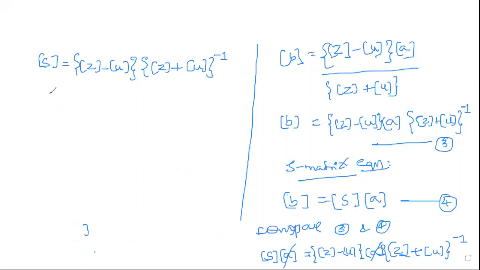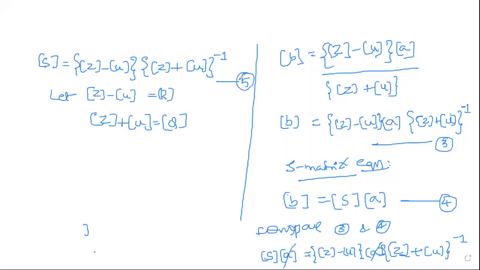Now, for simplification purposes, let matrix Z minus matrix U be equal to matrix R, and matrix Z plus matrix U be your matrix Q. Suppose I consider this as the fifth equation.